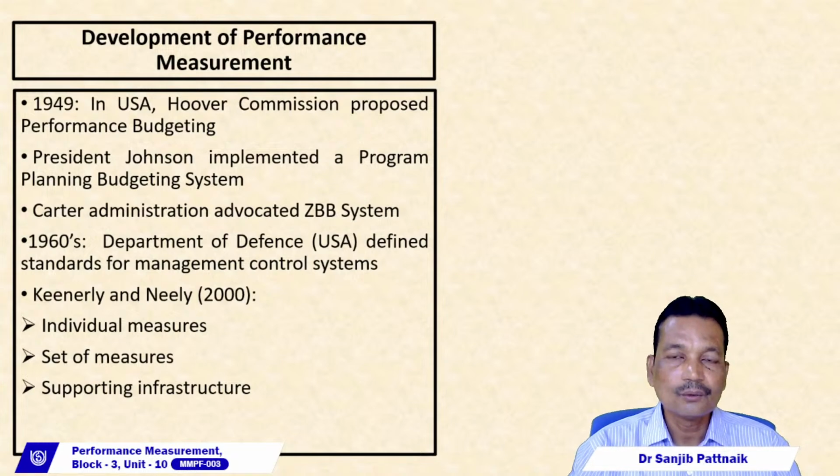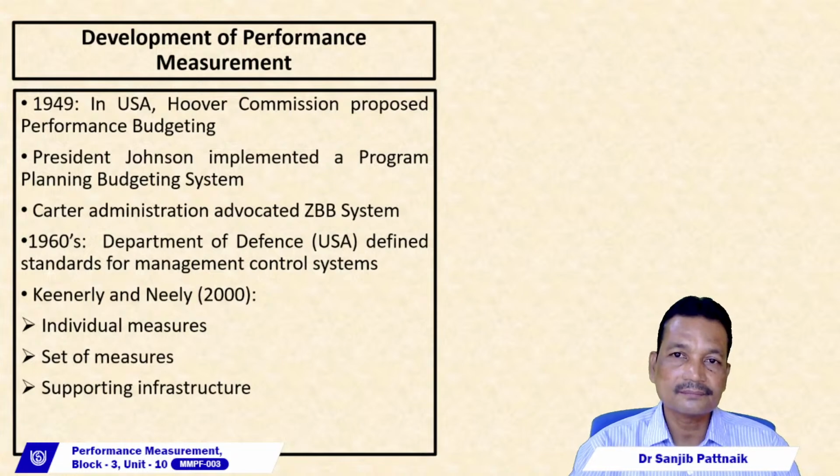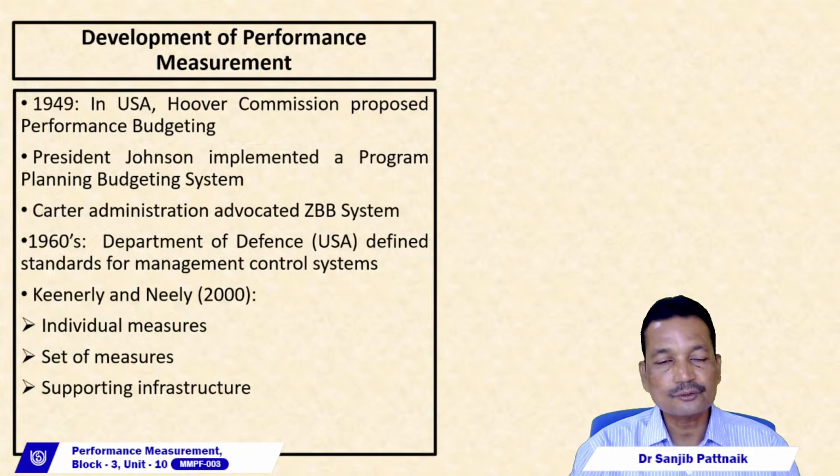And whatever results come out of it, we analyze and interpret as managers to make judgments that will have a positive impact on the organization's performance. So supporting infrastructure should be there in the case of performance management.